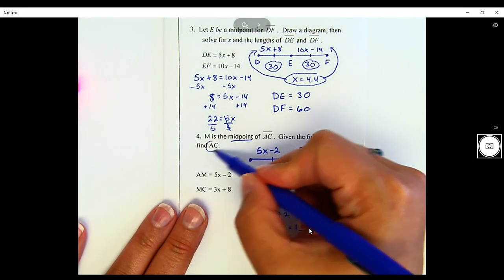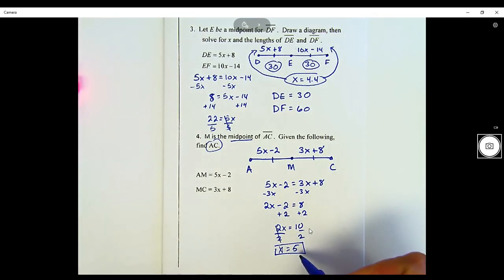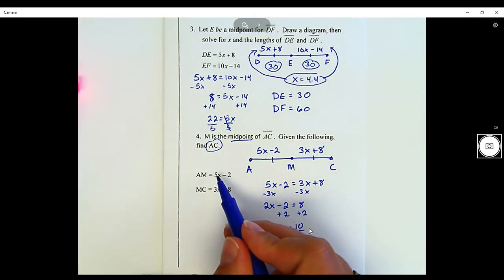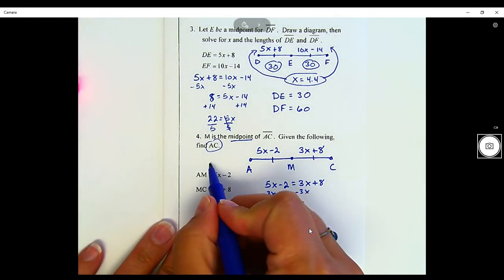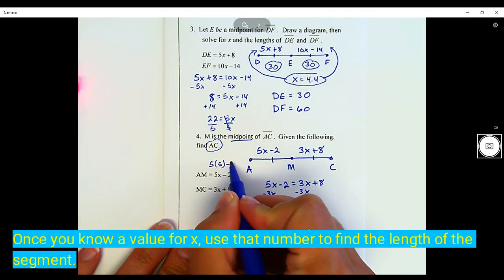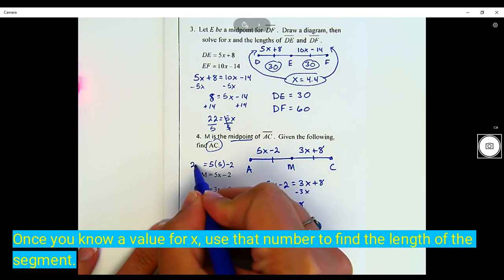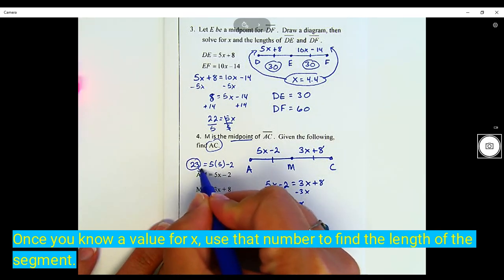AC, or the length of AC, is this whole thing. So what I'm going to do is take this x and plug it into this equation. So up here it would be 5 times 5 minus 2. So 25 minus 2 would give me 23. That's the length of AM.